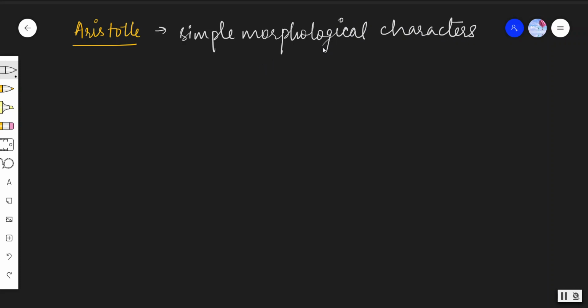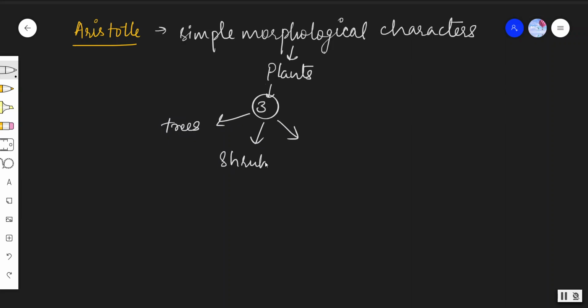Morphological is what? From the outer side. So if I talk about plants, he classified plants into three groups: trees, shrubs and herbs.